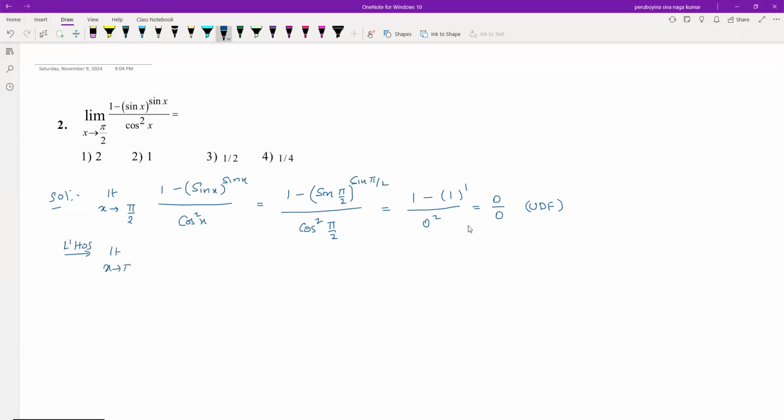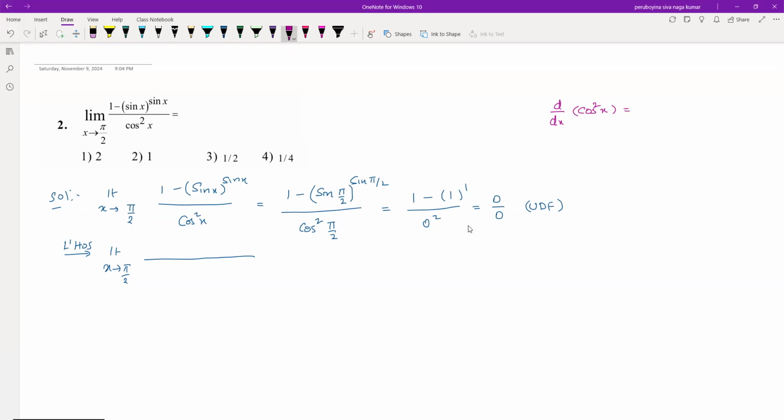So according to L'Hospital's rule, consider the problem again. Here you should learn some formulas. The first one, we will concentrate on the denominator, cos square x. How will it look?